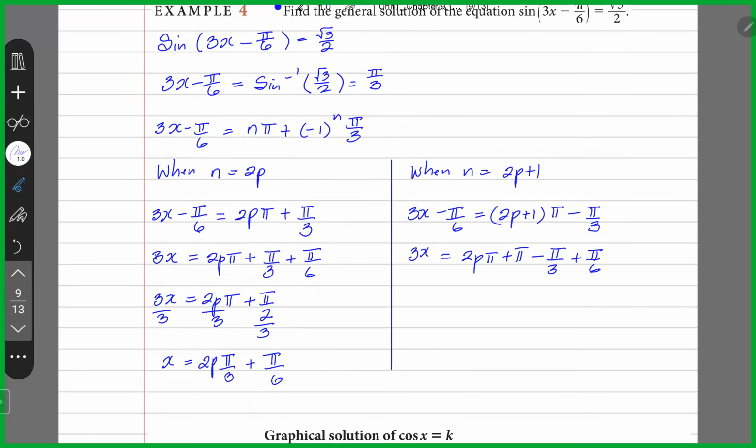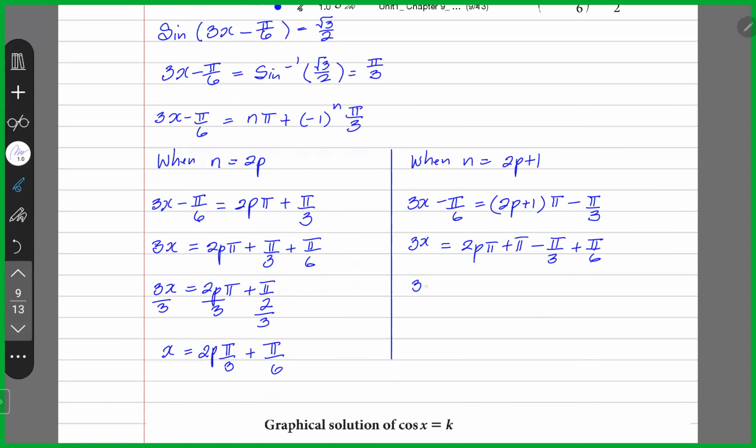Simplifying, I'm going to get 3x is equal to 2p pi plus 6 pi by 6 minus 2 pi by 6 plus pi by 6. So that is what? 7 pi by 6 minus 2 pi by 6, that's 5 pi by 6. So 3x is equal to 2p pi plus 5 pi by 6.